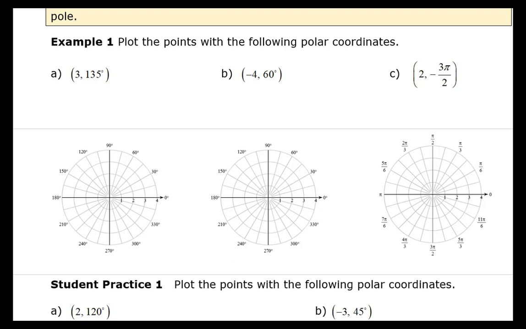So I'm going to mark off 135 degrees first to locate this point. I know it's going to be in the second quadrant. If I just draw an angle theta, coming around here, that's my theta. And the distance away from the pole is 3.